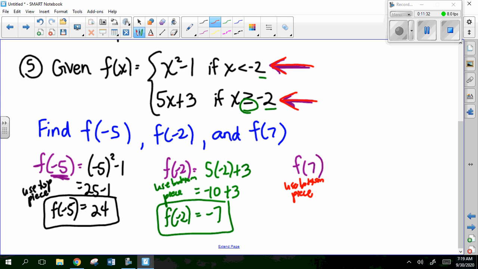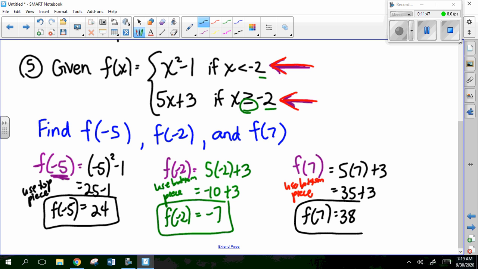That means we're going to do 5 times 7 plus 3. We're just following any order of operations we need, and we get 38. And that's how you evaluate piecewise functions.